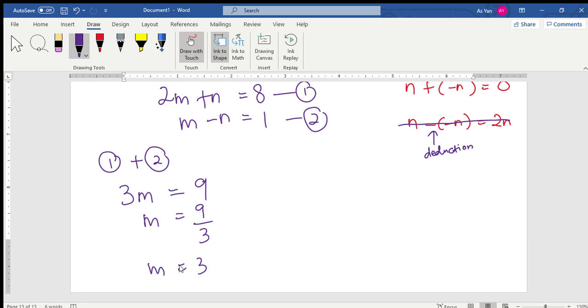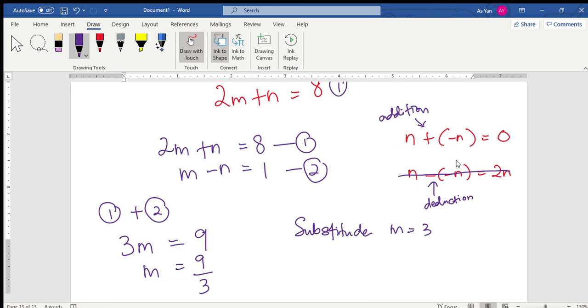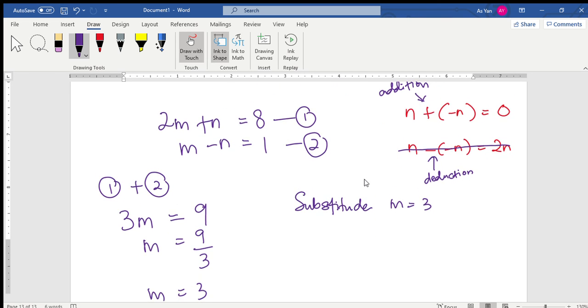We already have the value of m, so now we can find the value of n. Substitute m equals 3. You can choose any equation; I choose equation 2.